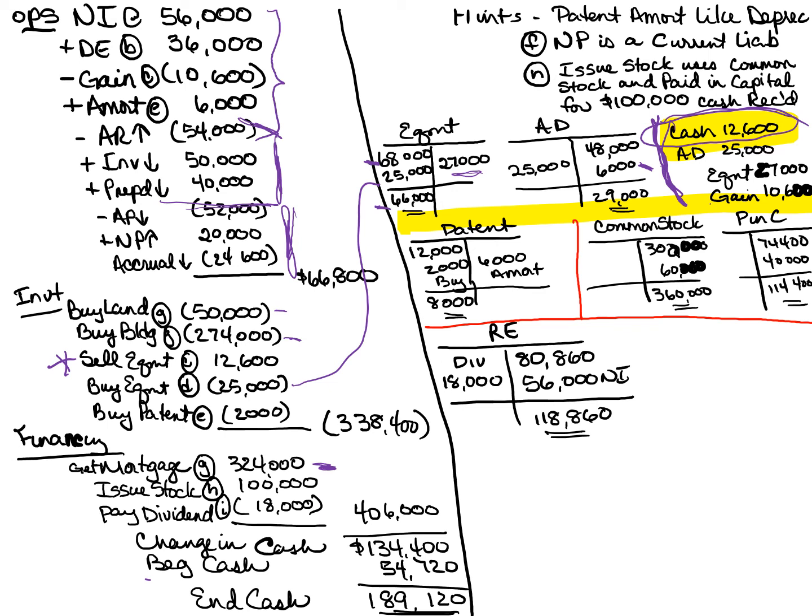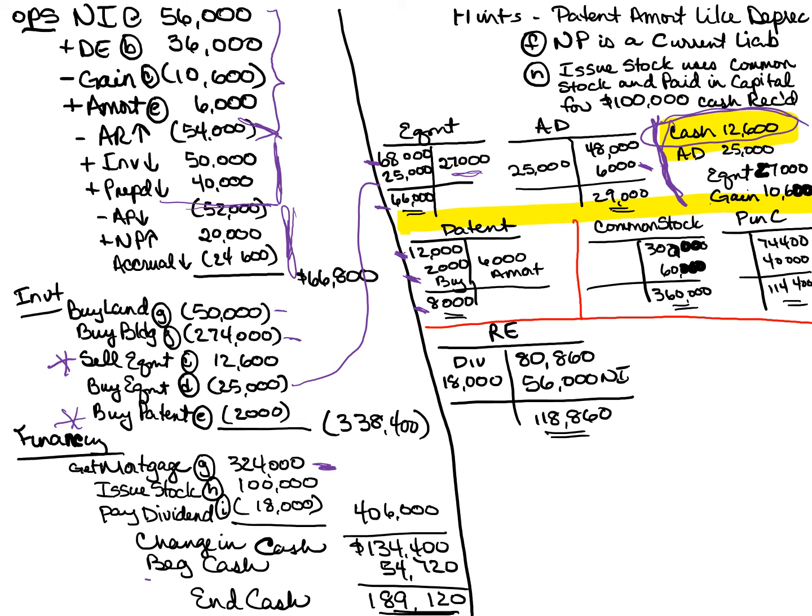The other thing that we have to analyze is the patent. And the patent started the year, it's an intangible asset, and we haven't looked at it before, at 12,000, ended the year with 8,000. And it also told me that I bought a patent for 2,000, and so that's why we show buy a patent. But that doesn't balance.